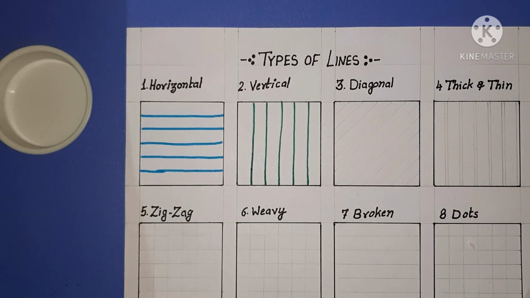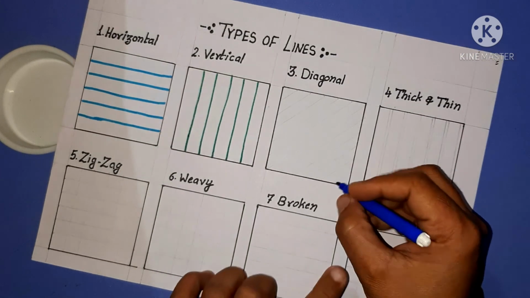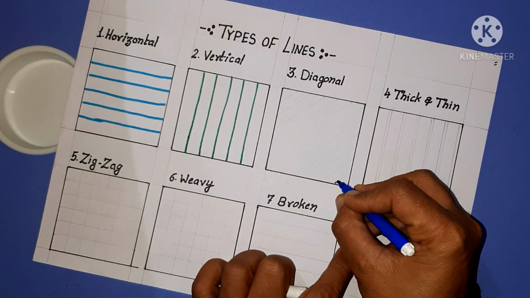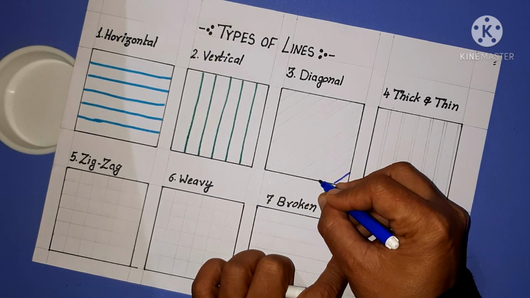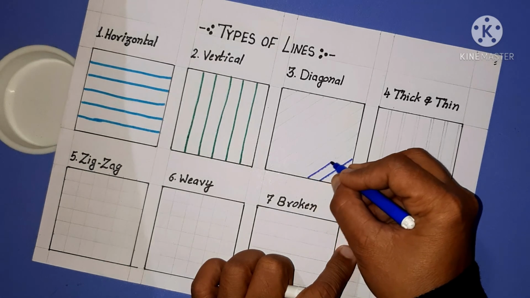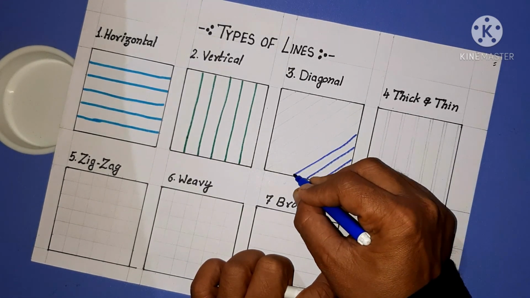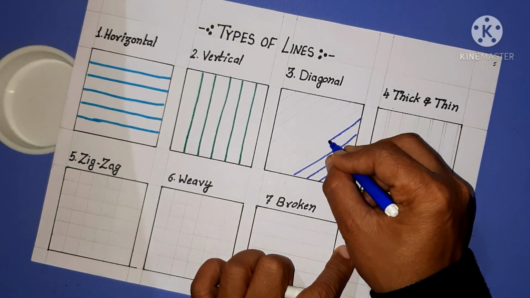Next are the diagonal lines. Diagonal lines are lines which may have different directions or different angles of diagonals.